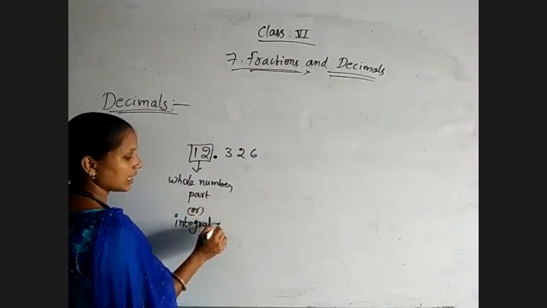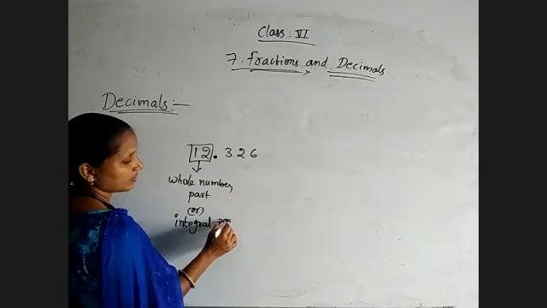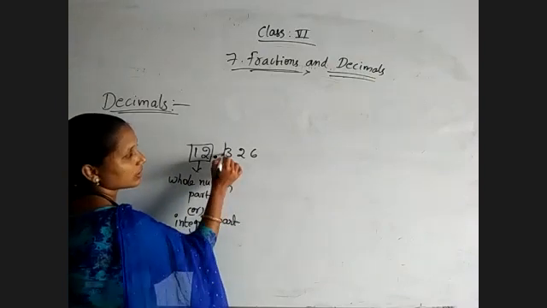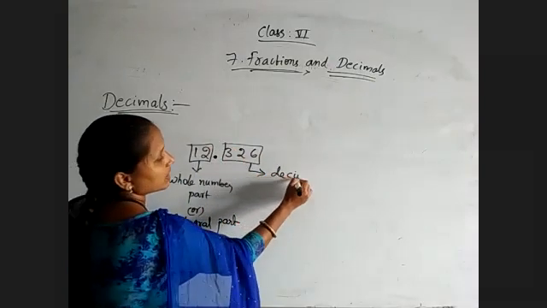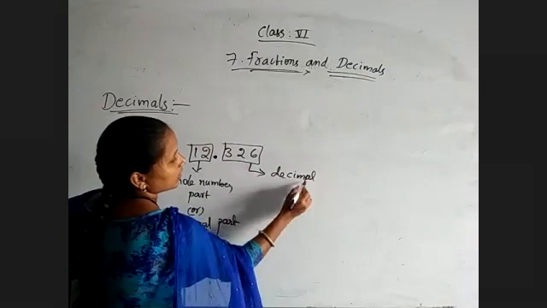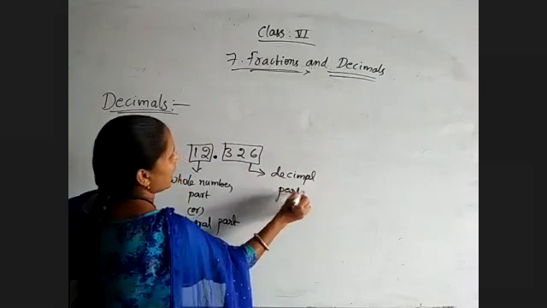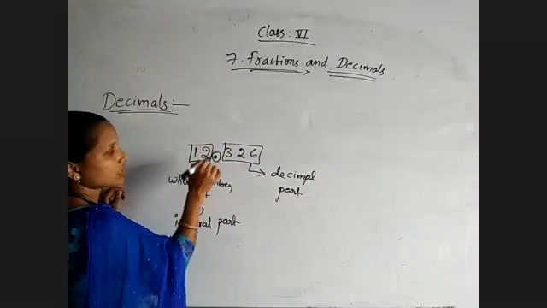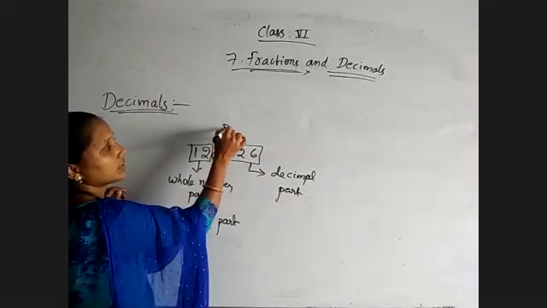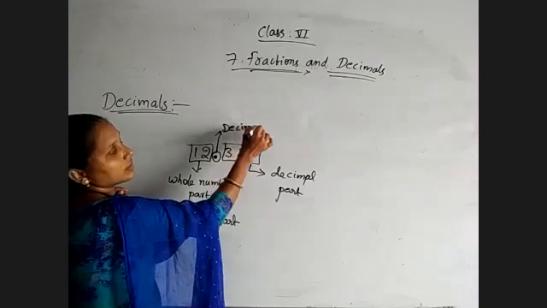Integer part or integral part. And coming to after the point, it is known as the decimal part. And the point which is separating these two parts is known as the decimal point.